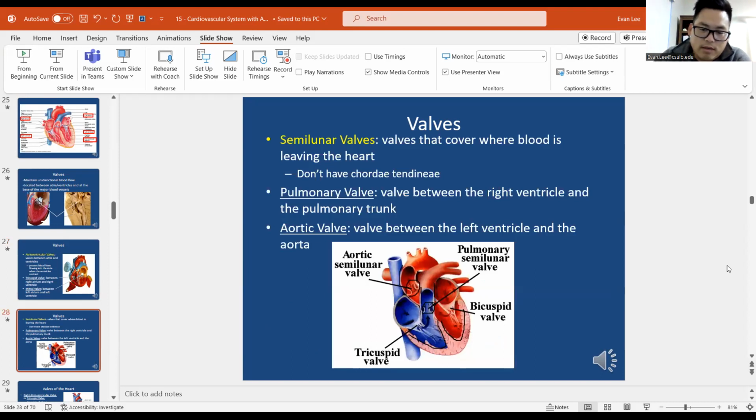But looking at our next type of valves, we have semilunar valves, which will be after the ventricles. So if you look at either left or right ventricle, you can see the right ventricle here. This is where the blood goes up out of the ventricle into this big blood vessel, but if it doesn't have the force from the ventricle, like when the ventricle relaxes, that blood will naturally want to just fall down.